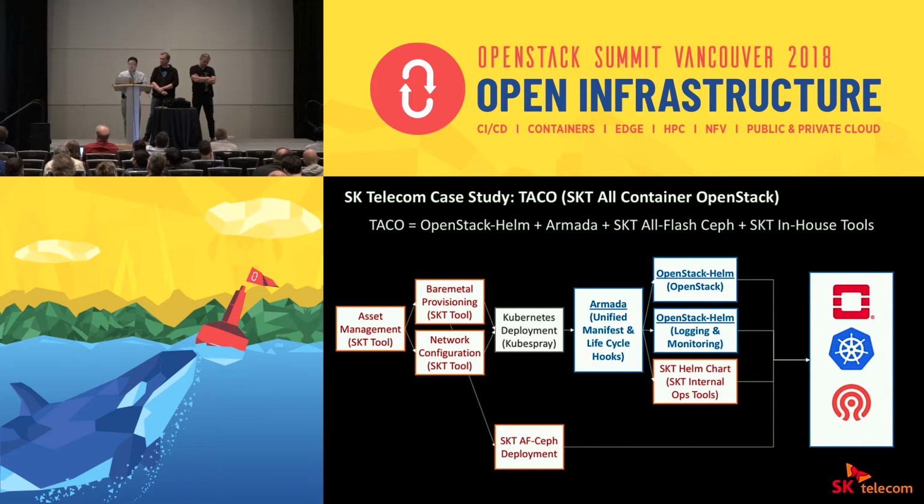In SKT, we use Armada to orchestrate most of the control plane and operation tools to deploy OpenStack. Now I will describe details on how we use Armada, especially in the SKT CI/CD pipeline.